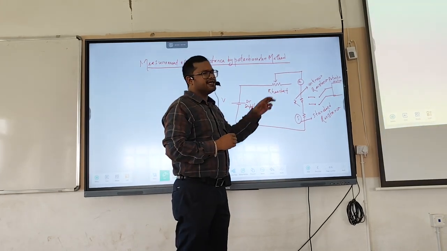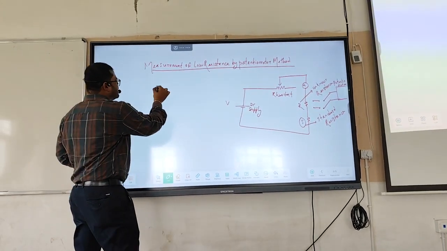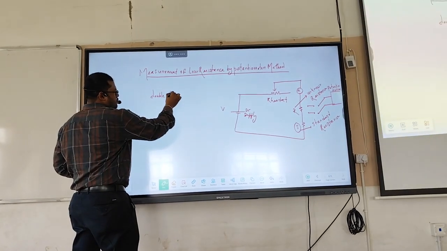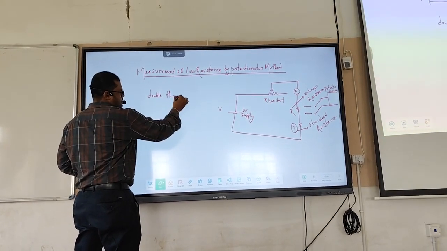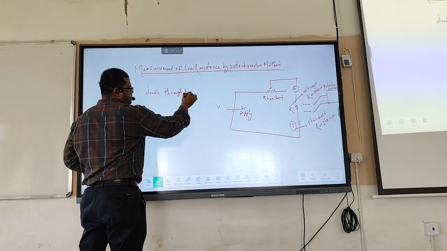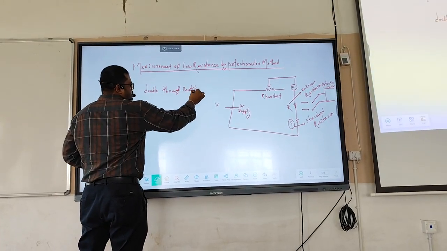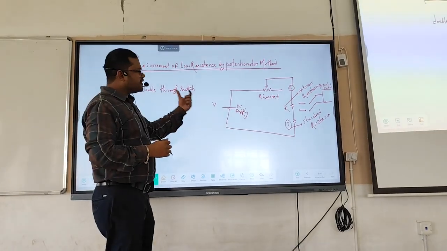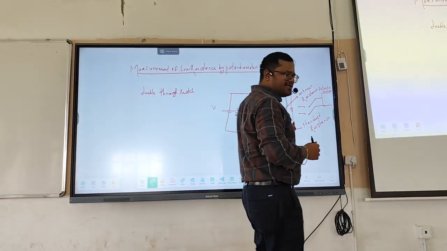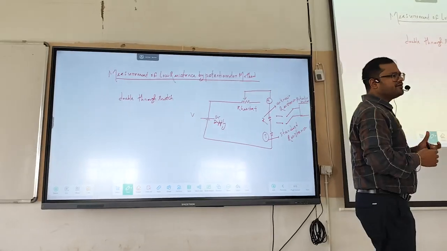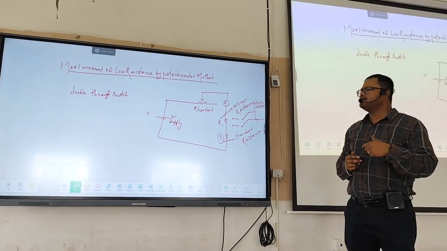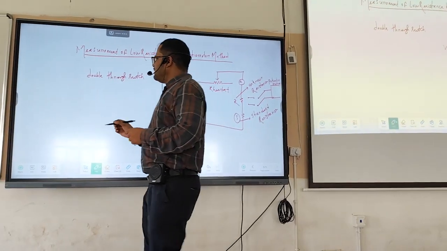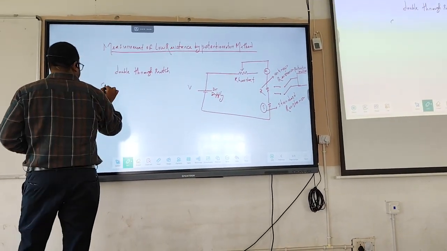This switch is called a double throw switch. In the first instance we connect the switch with S, and in the second instance we connect it with R. Let's see condition 1.